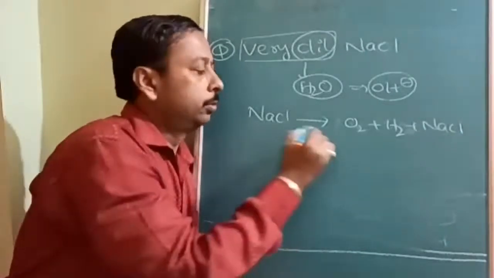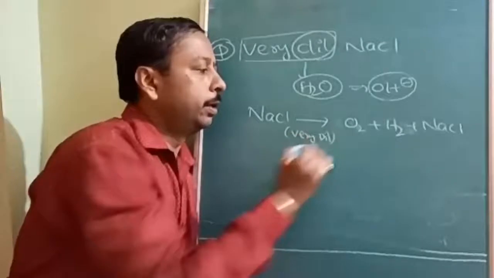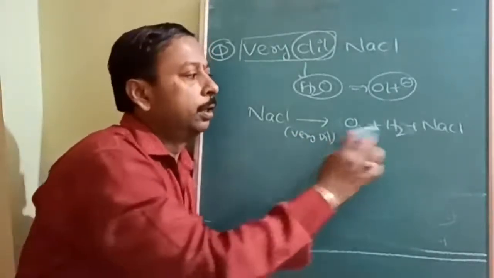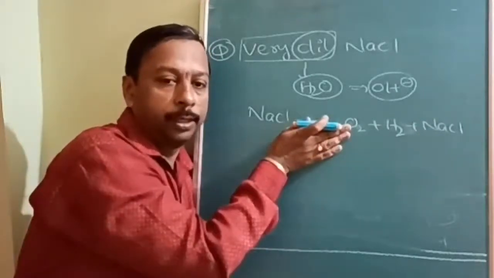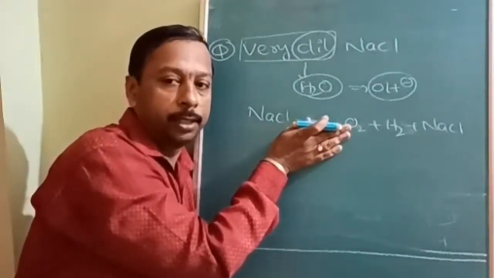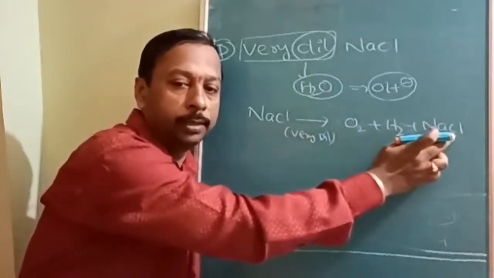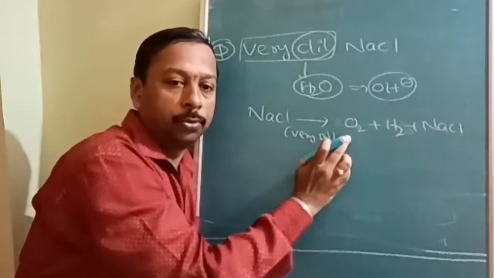So when it is written very dilute, a special case, O2 and H2 will be liberated and NaCl will be left over. If this word is not mentioned, then NaOH will be formed, and in place of O2, Cl2 will be liberated. Is both conditions understood?